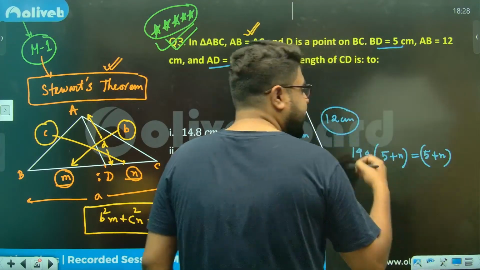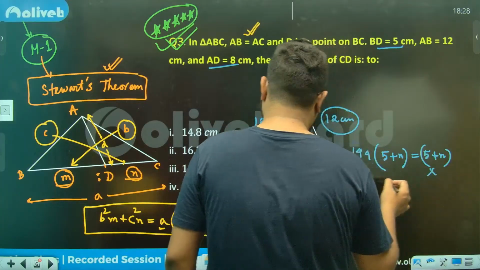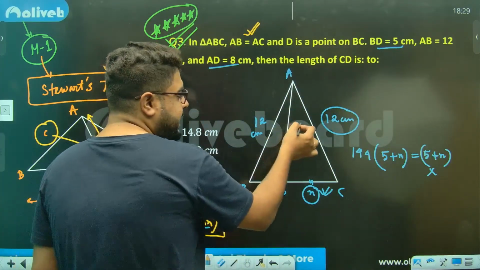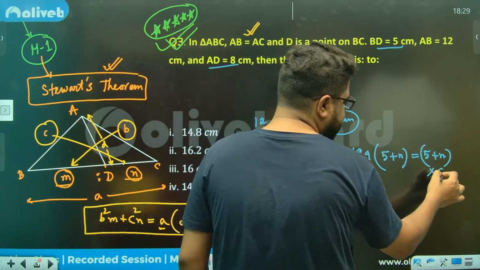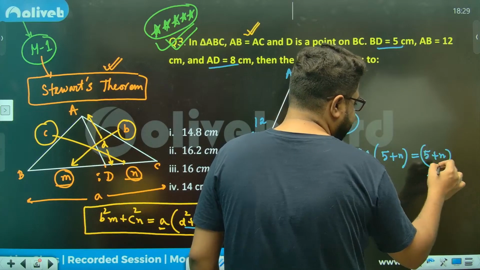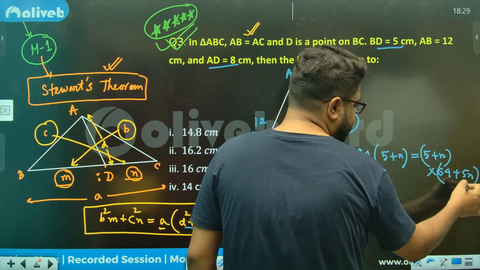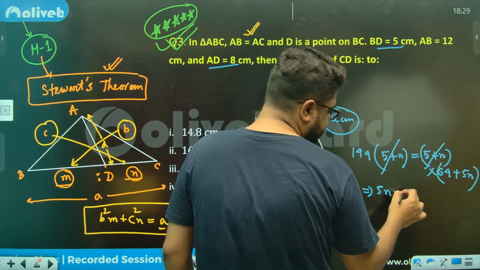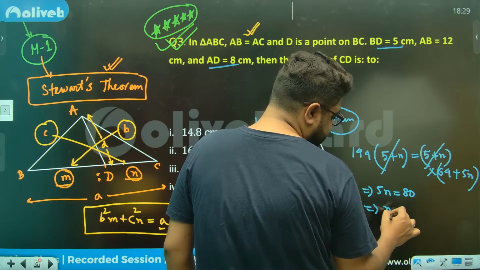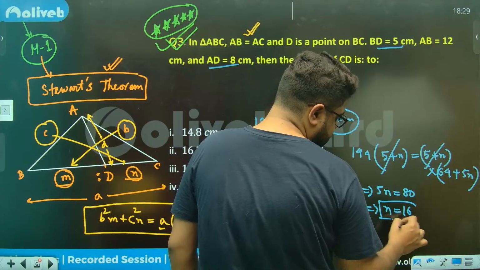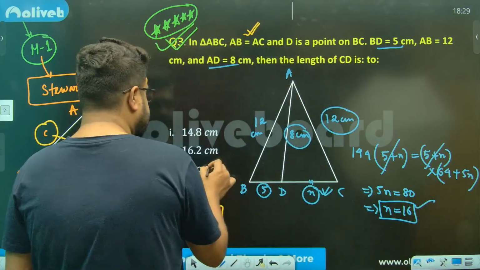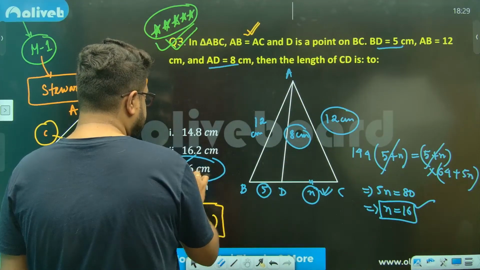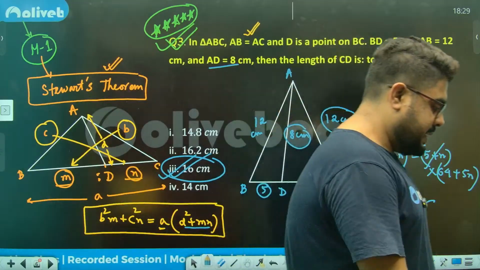Into D square plus MN. D square is 64 plus MN. M is 5, so 5 into N, this will cancel. So 5 times N is 80, so N becomes 16. That is my answer, option number 3, 16 centimeter. Perfect.